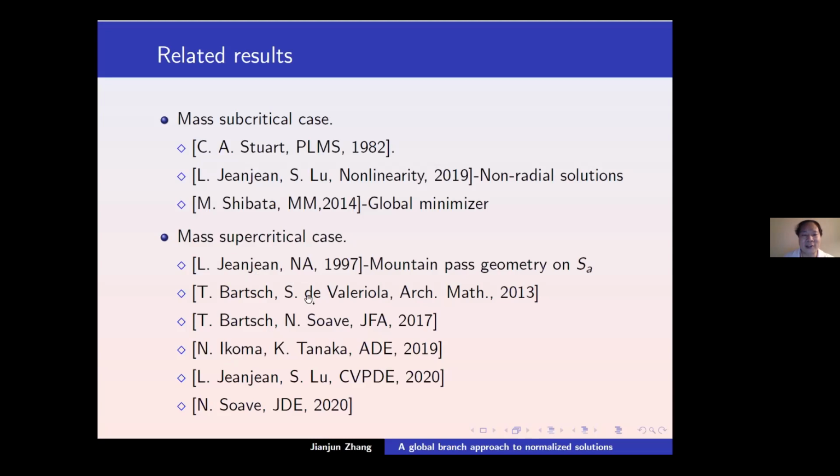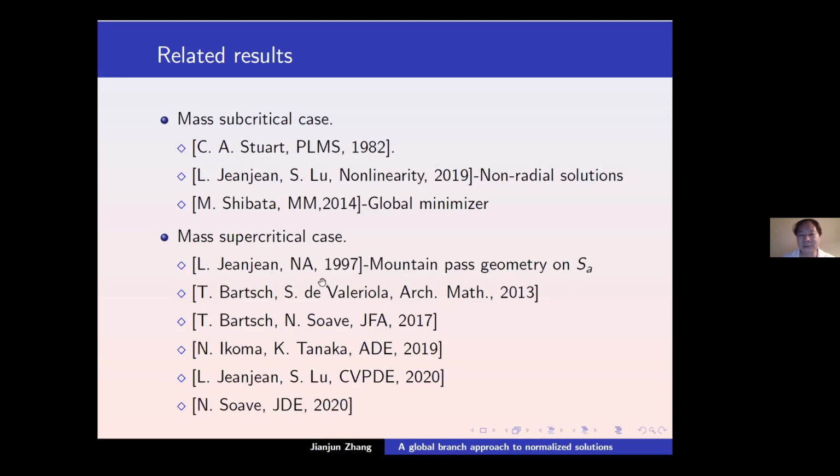So they considered some local minimizer of the functional G(u) on some subset of the sphere S_a.